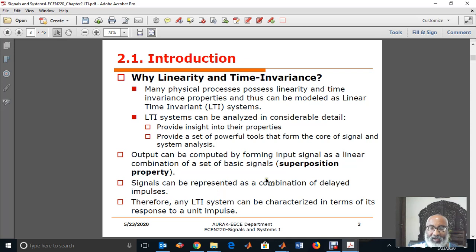If we can express the input signal as a linear combination of delayed impulses, then the corresponding output signal will be the linear combination of the delayed impulse responses. So this is very important to compute the output to any input for a certain system.